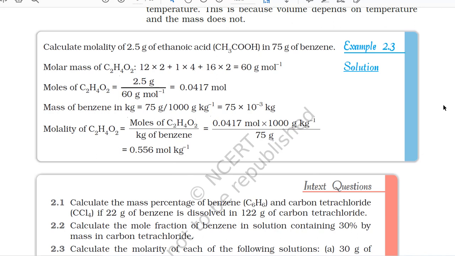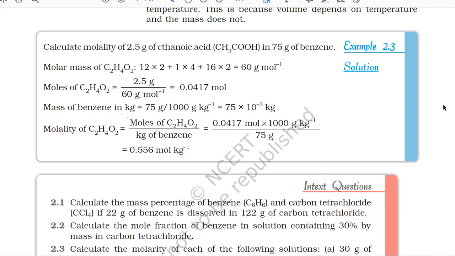Moles of C2H4O2 is equal to 2.5 gram upon 60 gram per mole, which is equal to 0.0417 mole. Mass of benzene in kg is equal to 75 gram upon 1000 gram per kg, which is equal to 75 × 10^-3 kg.